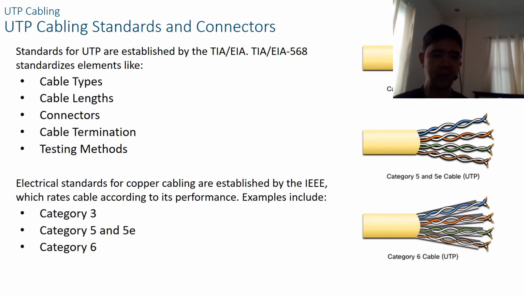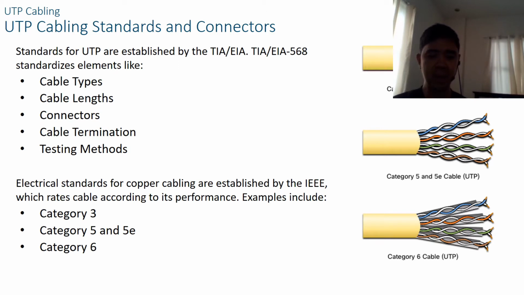IEEE came up with standards that we call categories. In each category, so if a twisted pair cable is under category 3, there are specific characteristics, and one important characteristic is the bandwidth. In the evolution, it starts with Cat1, which is the phone line, then Cat2, 3, 4, 5, and then 6. Very important are Cat5, 5e, and 6.